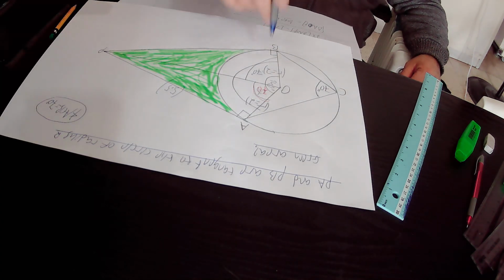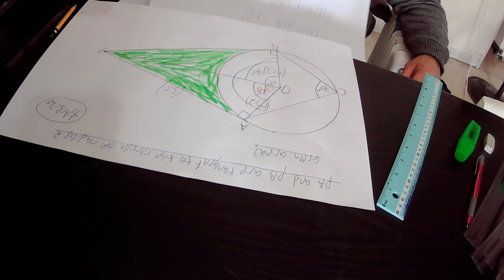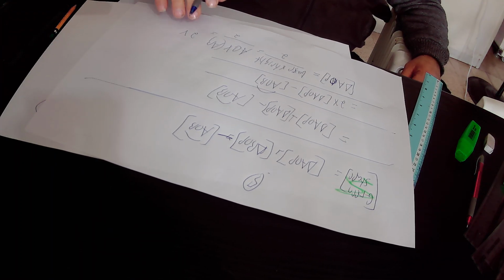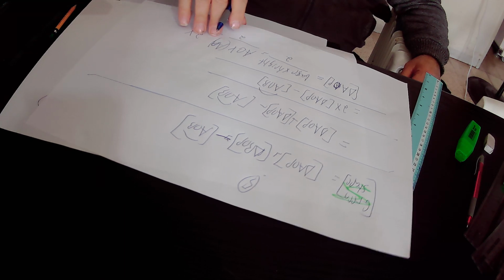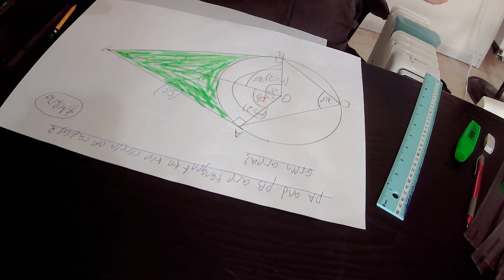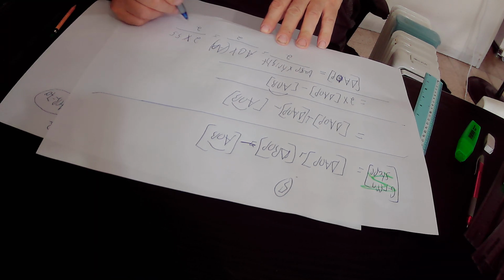Side AO is the radius of this circle that is equal to 2. So we substitute AO by 2 times AP. We have already found out that the length of side AP is 5.5. So it is times 5.5 divided by 2.